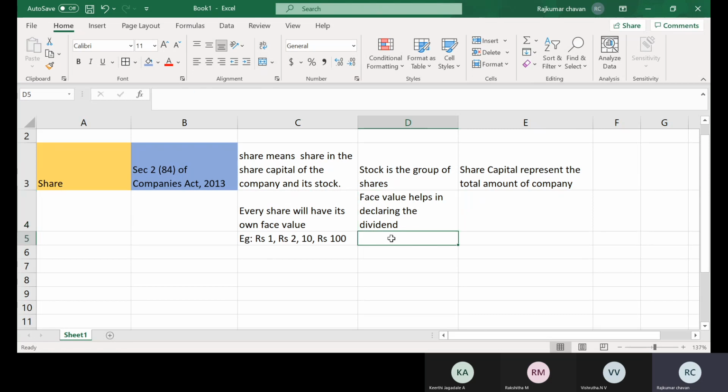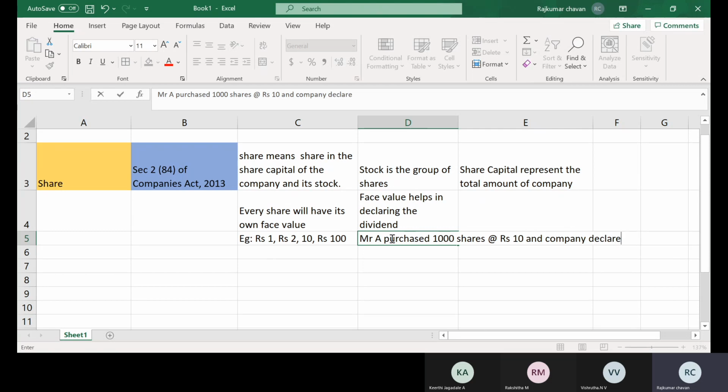For example, if Mr. A purchased 1000 shares at the rate of rupees 10, and the company declares a dividend of, let's say, 2%. The company declares the dividend of 2% on the face value of the share.